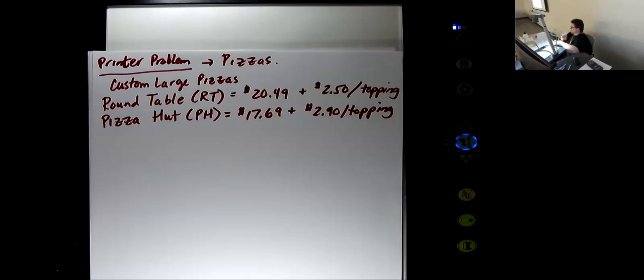Can everyone see that Round Table's base pizza is more expensive, but Pizza Hut's toppings are more expensive?